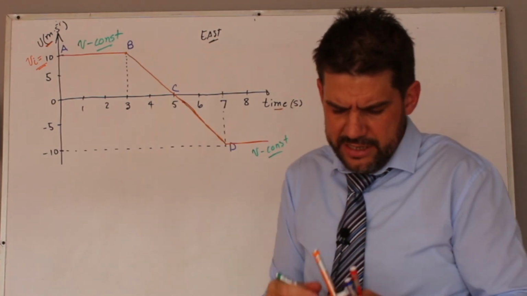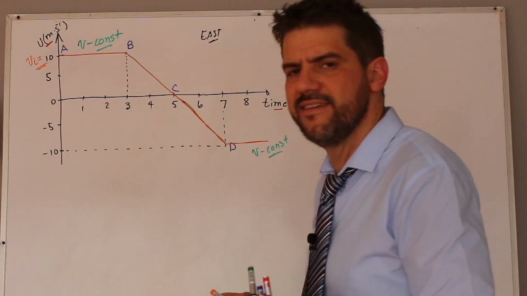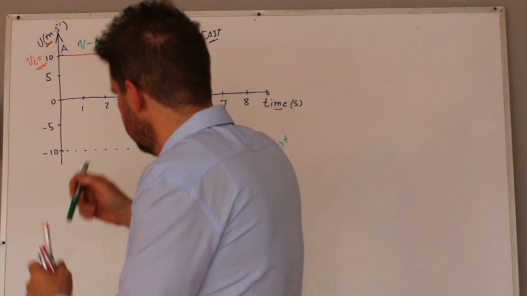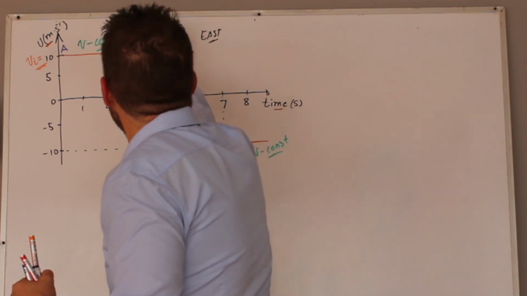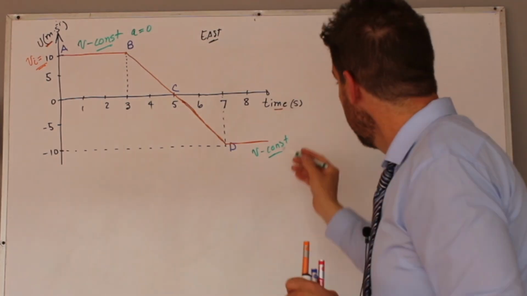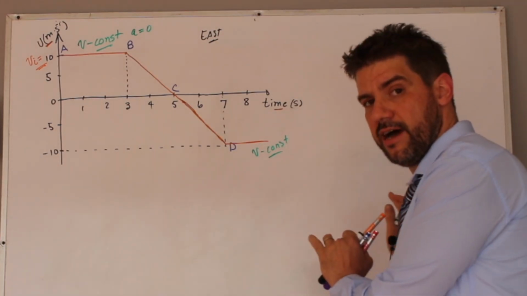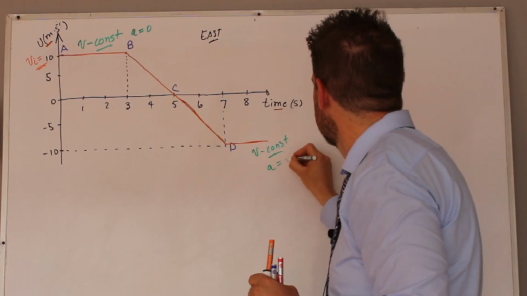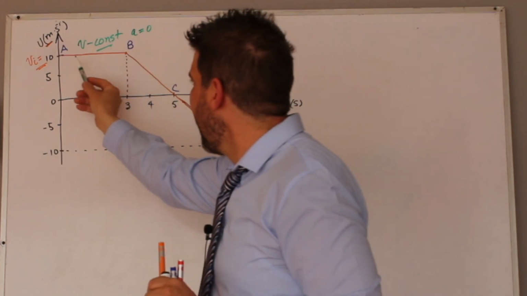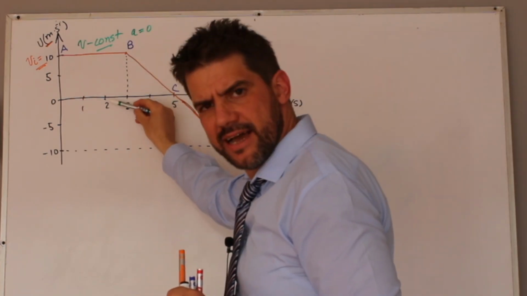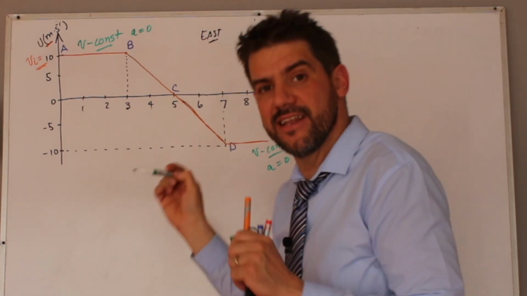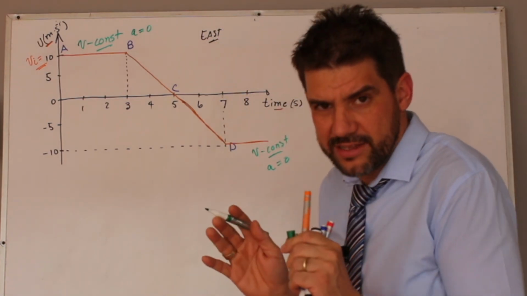If velocity is constant, acceleration is 0. So the acceleration at this point, and let's write it with the same green, is equal to 0. I'm going to use the symbol a for acceleration. Here, which is an extension of the graph, acceleration is also equal to 0. So once more, if you have a line parallel to the x-axis, it means the velocity is constant and the acceleration is 0. That is an important thing.